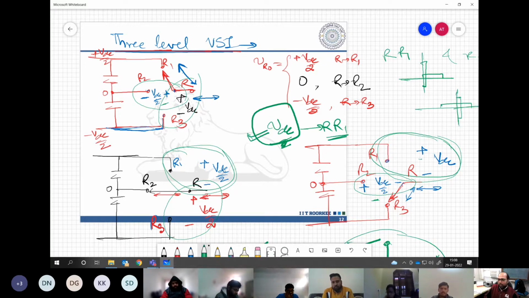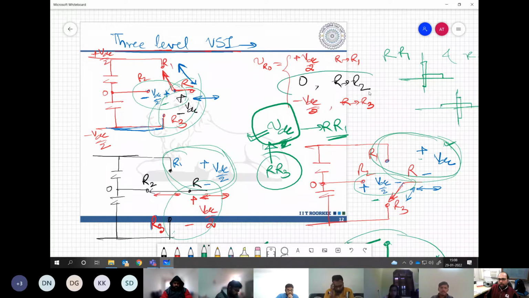This is VDC by 2 in the intermediate level. This is VDC by 2. And which is also true for R3. R3 also needs to block maximum VDC voltage, which is here. Whereas your R2 switch is blocking only VDC by 2. Maybe polarity is different, but the magnitude is half.